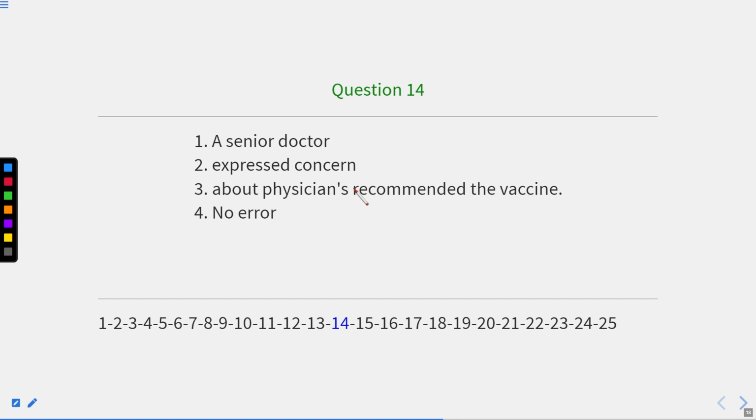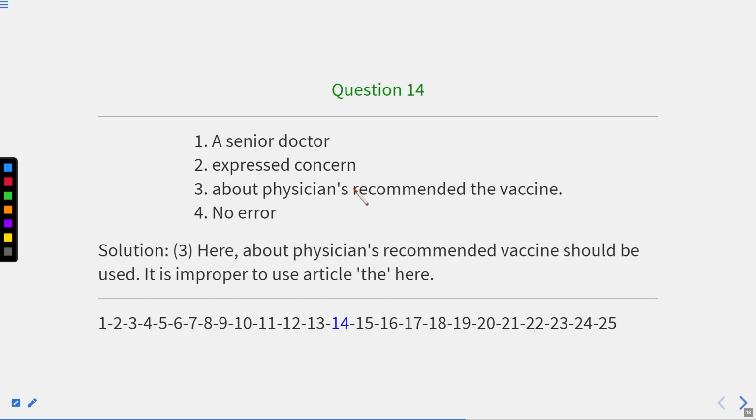This is question number 14. A senior doctor expressed concern about the physicians recommended the vaccine. So here the error will be in part 3. Here about physicians recommended vaccine should be used. This the should not be used. Why so?